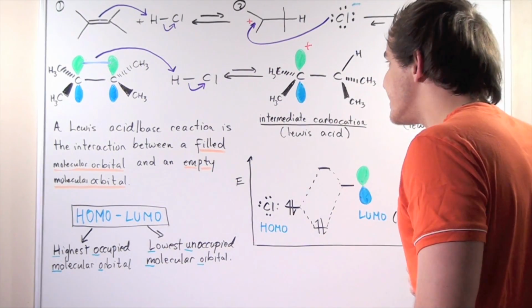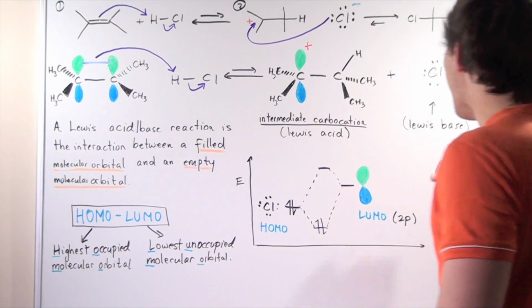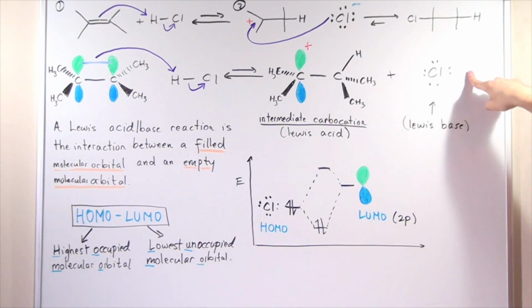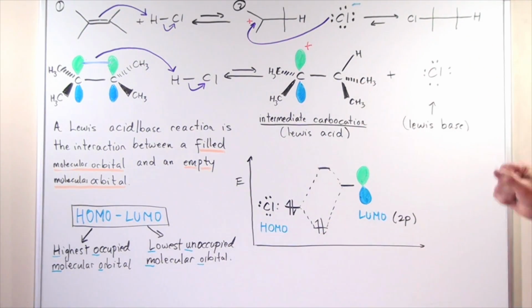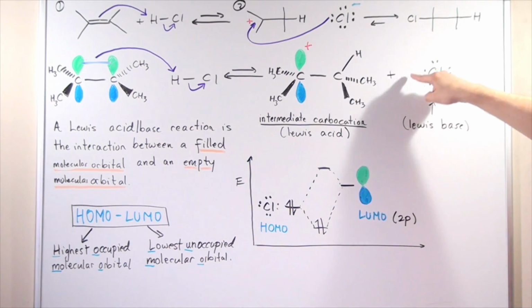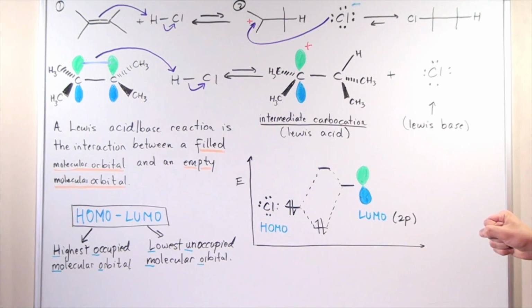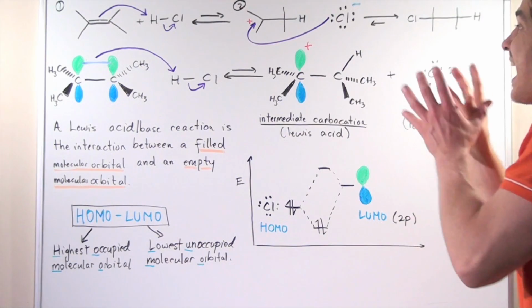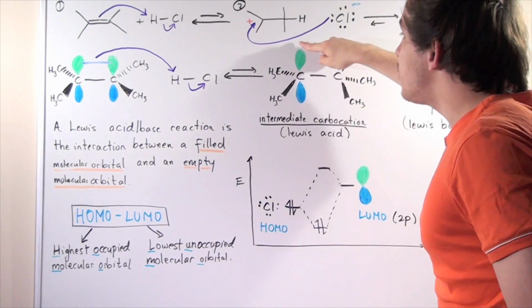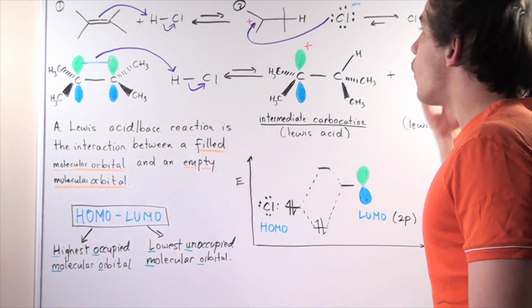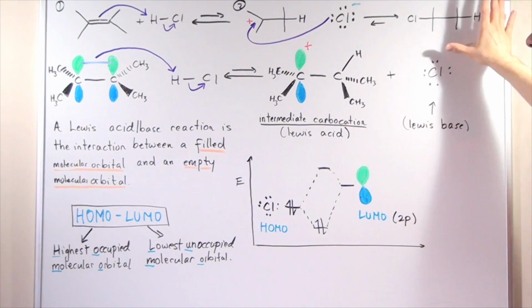So what happens next? Well, next we have this Lewis base. We have our chloride atom, and this non-bonding pair of electrons overlaps with this 2p orbital, forming our final product.